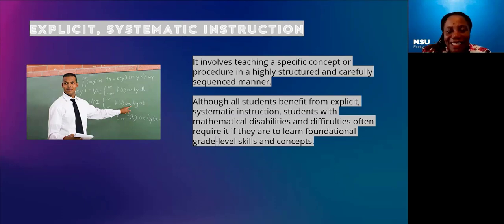But it is in the delivery part of that explicit and systematic instruction that I'm seeing, wherein we need to put little things in, whether it is, as someone said, a cue to get their attention, or a cue to say we are transitioning from concrete, to semi-concrete, to abstract, whether we want to have some advanced cues.